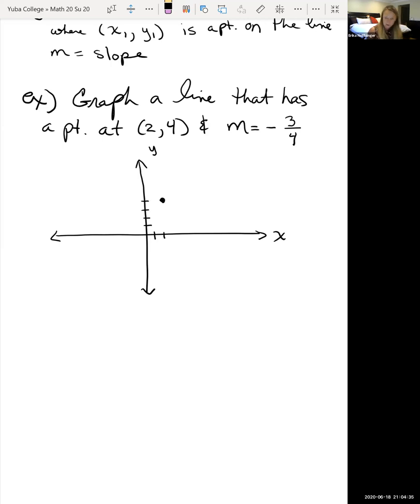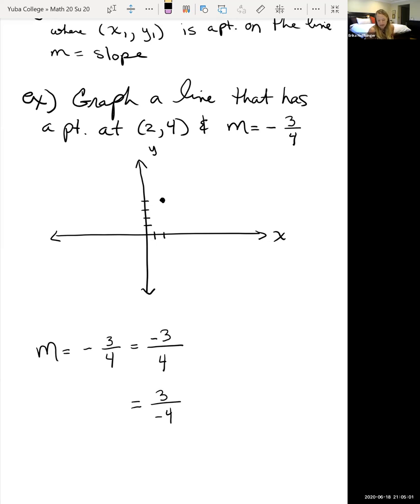So from that point, the slope has given us directions on how to get other points. So if you have a negative slope, it doesn't matter where you put the negative. You can either put it in the numerator. We can treat this as negative 3 over positive 4, or we can treat this as 3 over negative 4.